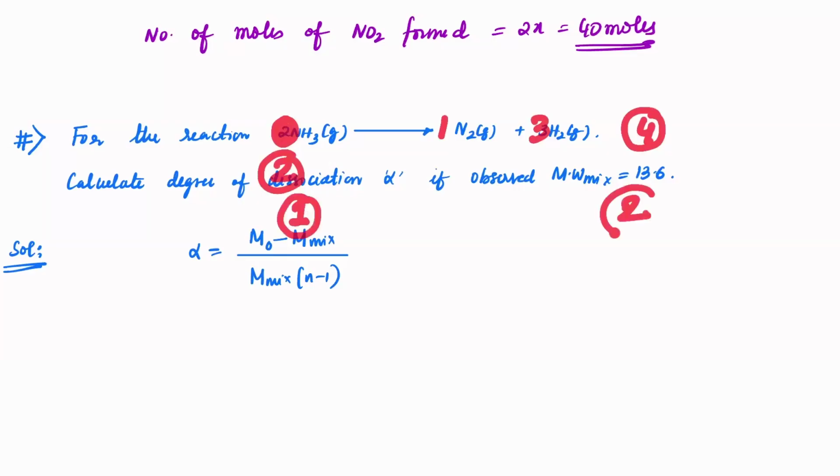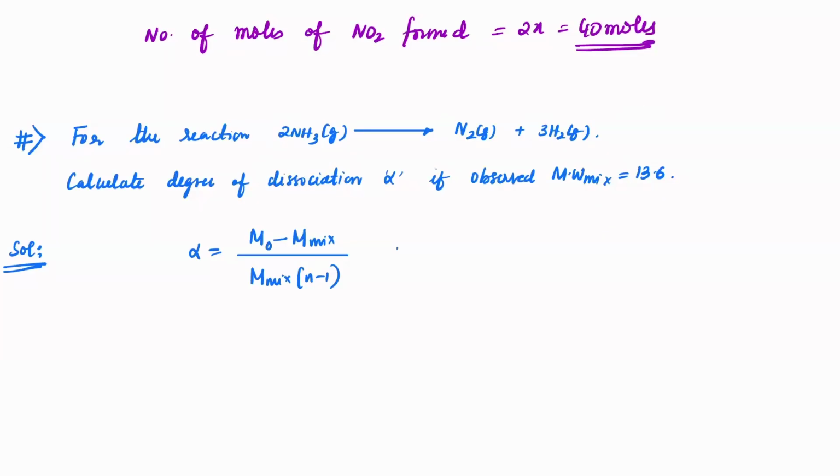That's why the n value here is 2. Second, the molar mass of the mixture is given as 13.6, and M naught is the initial ammonia molar mass, which is 17. Okay, clear?